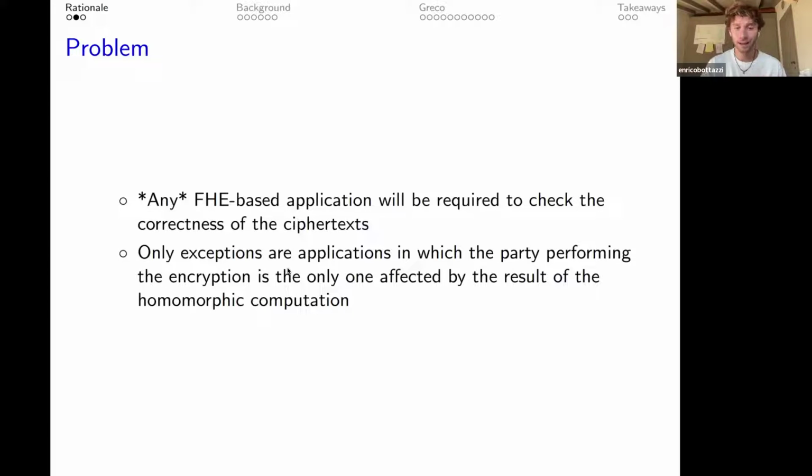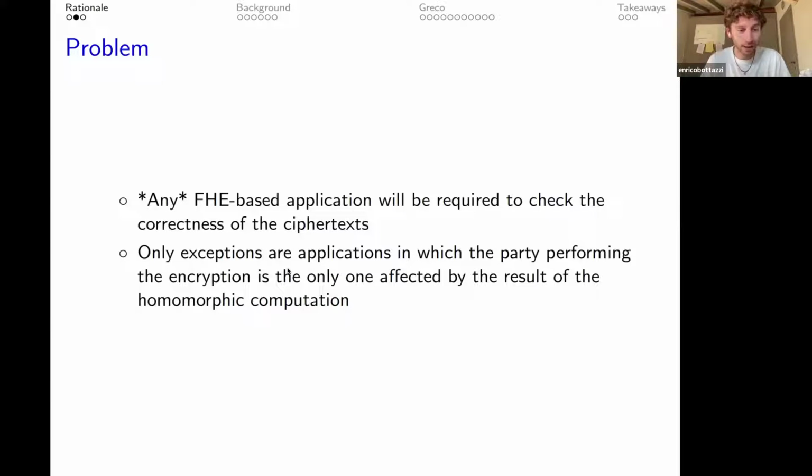I think that these are the class of applications in which the party that is performing the encryption is the only one that is affected by the result of the homomorphic computation done on this ciphertext. An example is the traditional private cloud computation. You are the only one that really cares about the output of this computation, so if you put garbage in the encryption, you will get garbage.